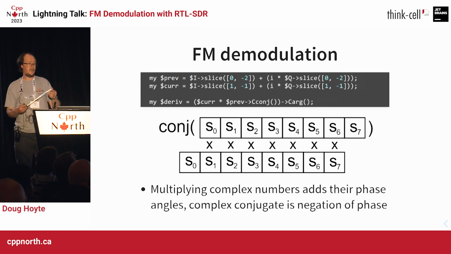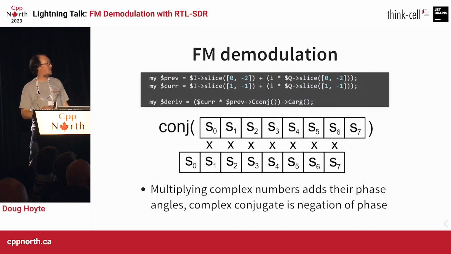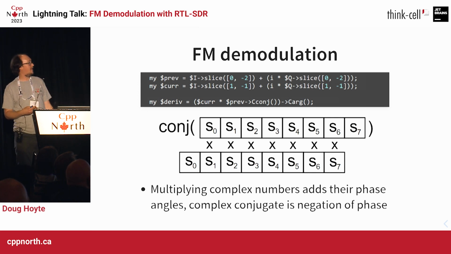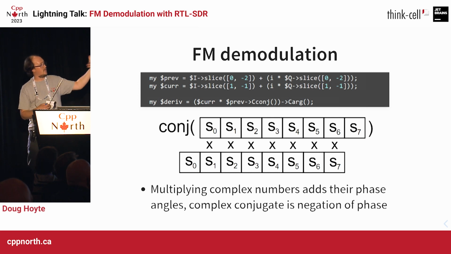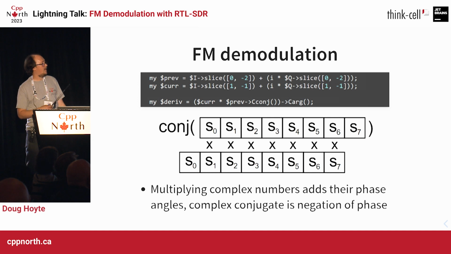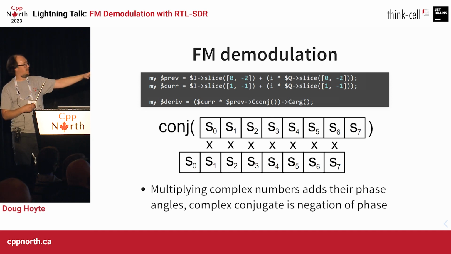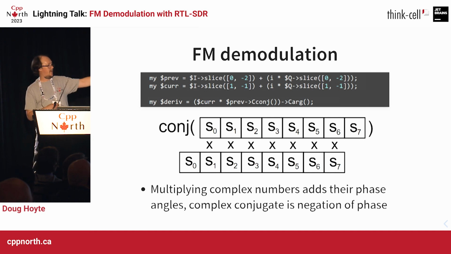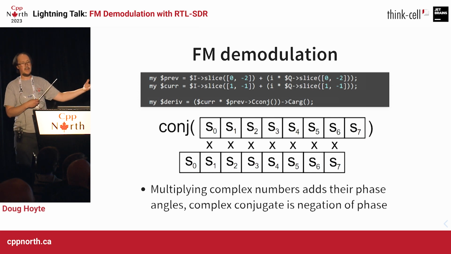So what I did was write a Perl script, and that's just the way I roll. What it does is it takes those I and Q samples and turns them into complex numbers. A couple of useful things to know about complex numbers for this: if you multiply complex numbers, you're adding their phase angles, right?